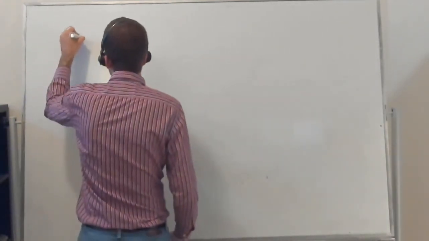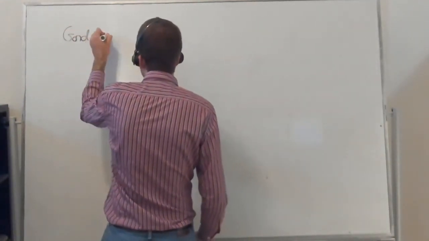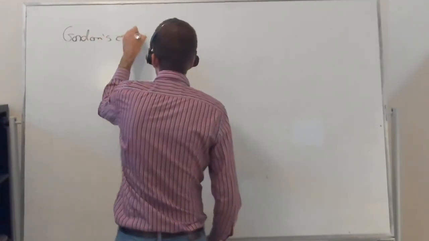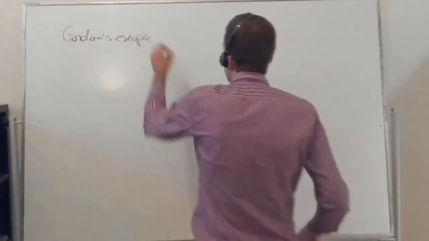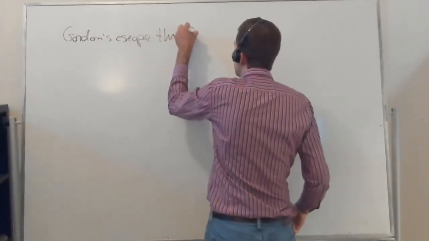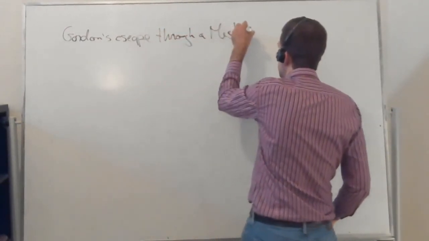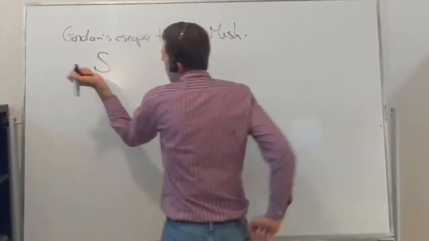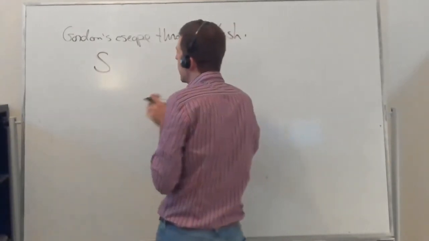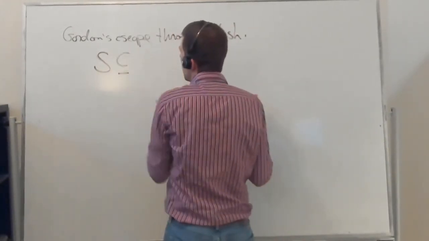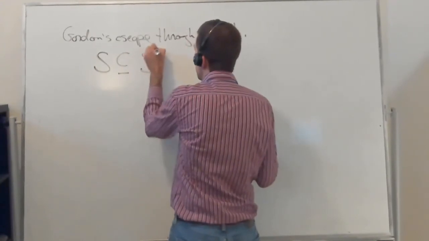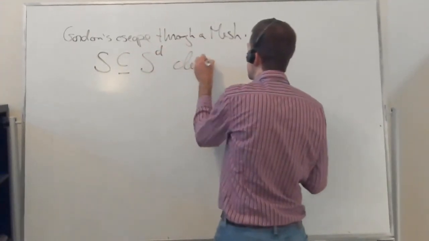So Gordon's escape through a mesh: the subspace escapes through a mesh. It just says that when I have a set S, it can be in the sphere, but because it's about intersecting a kernel, it doesn't even matter. The set S in R^d, say closed.